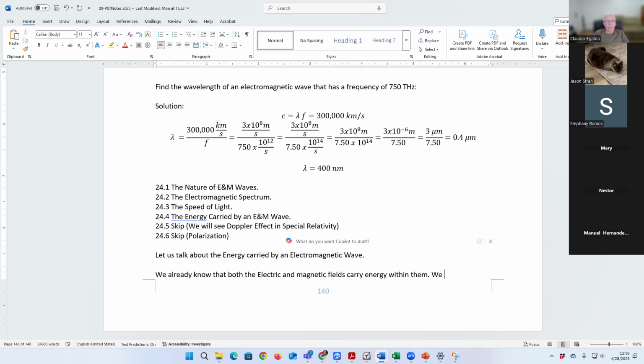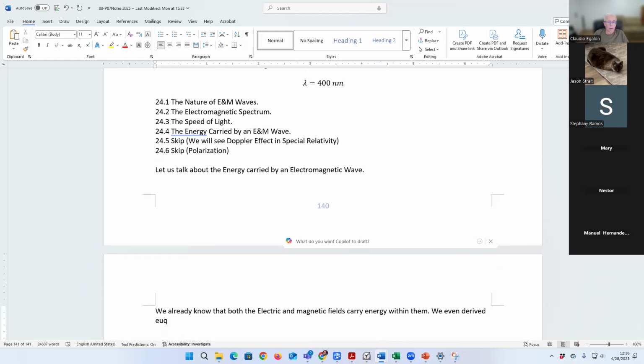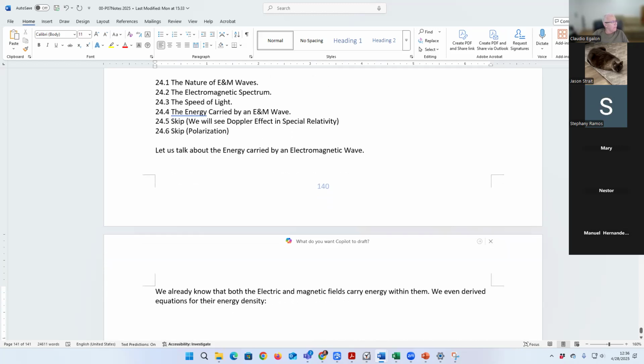We even derived the equations for their energy density. It's not difficult to memorize them. Remember that?